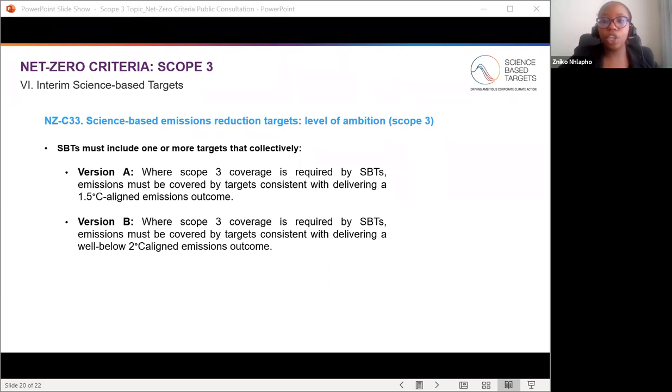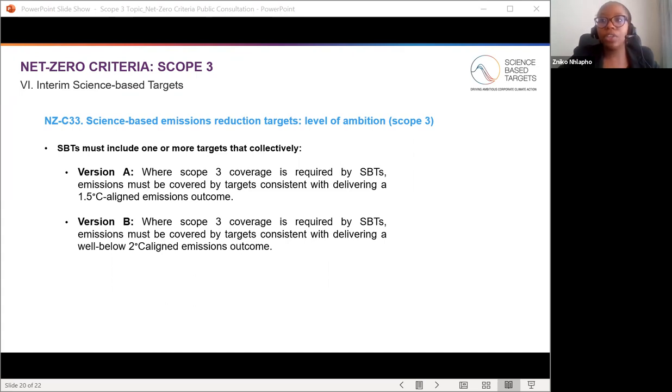And then for version B, emissions must be covered by targets consistent with delivering a well below 2-degree aligned emissions outcome. So compared to version A, this version would pose less of a barrier to entry for companies. However, the minimum ambition of interim SBTs would be less aligned with the goal of limiting warming to 1.5 degrees.